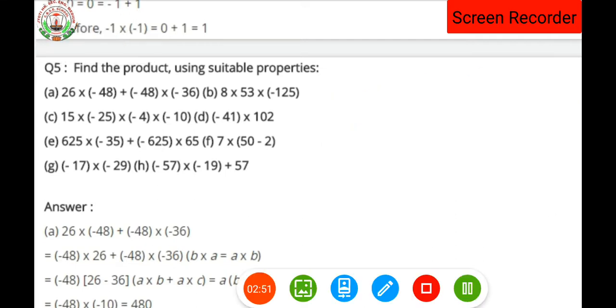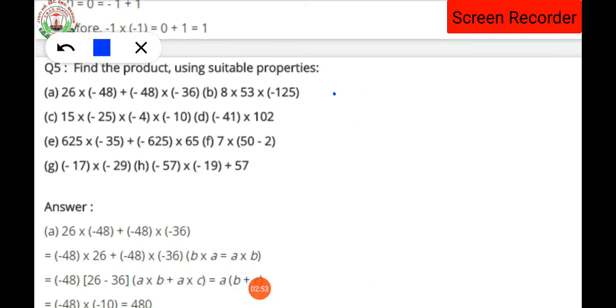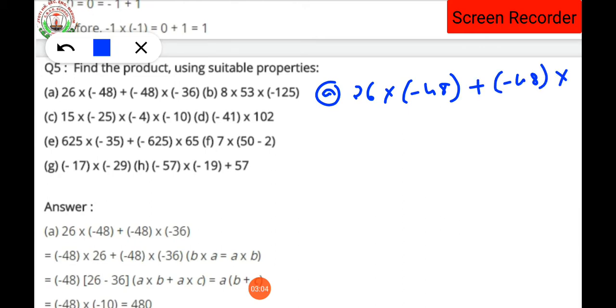Since we are having the question, I will write the question again. A part of the question, that is 26 into minus 48 plus minus 48 into minus 36.